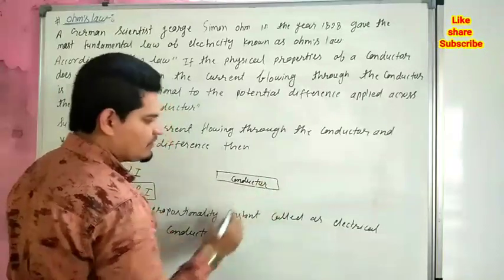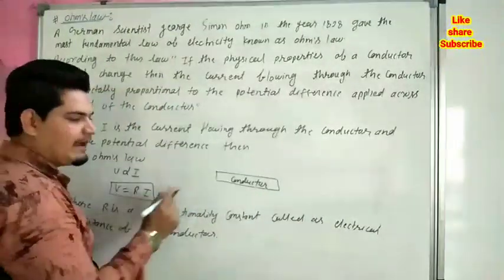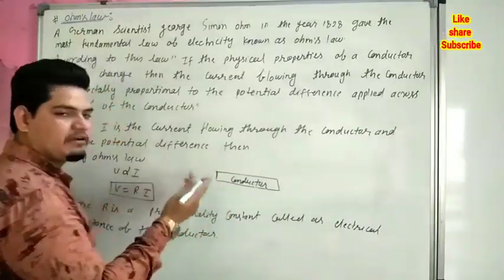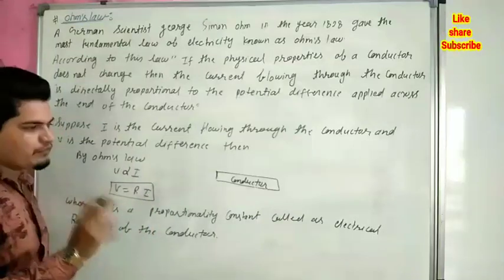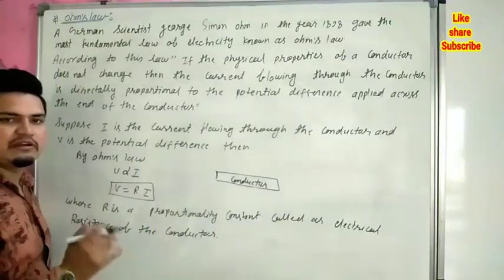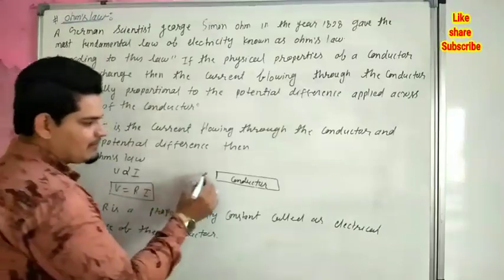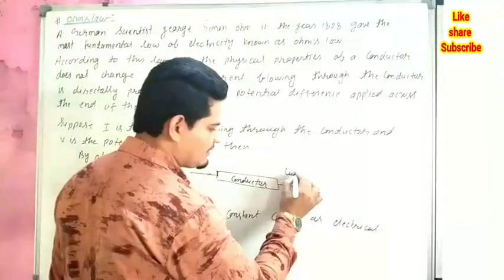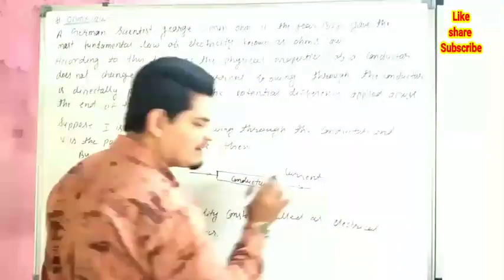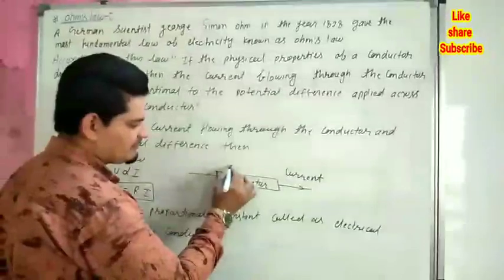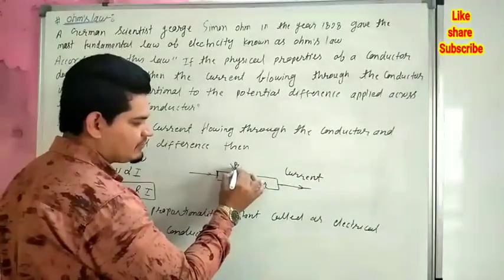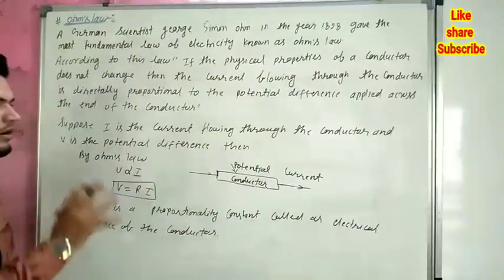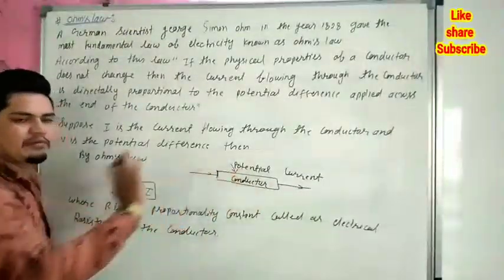When we apply a potential difference across the ends of the conductor, current flows due to the potential difference. This current is directly proportional to the potential. This is called Ohm's law.